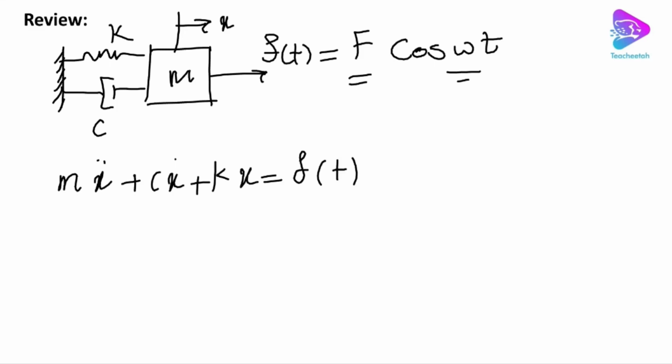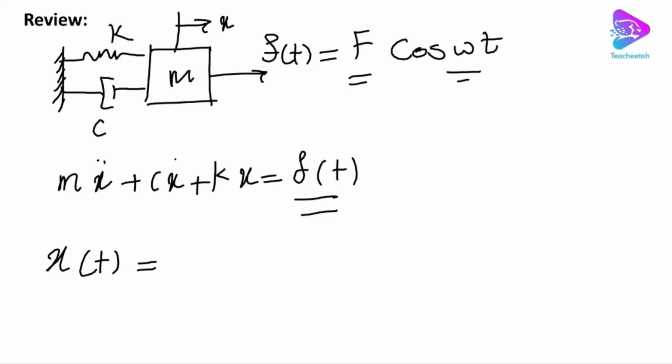And the differential equation is not a homogeneous differential equation. If you are not familiar with homogeneous or non-homogeneous differential equations, you can check some of the videos on our channel about differential equations. As we have a non-homogeneous differential equation, which means the right-hand side is not 0, the total response of the system is a combination of a homogeneous solution and a particular solution.